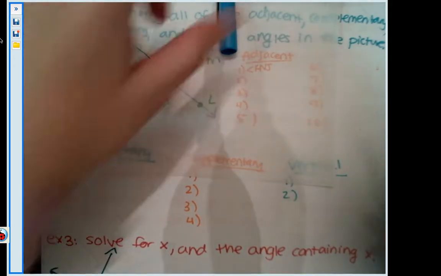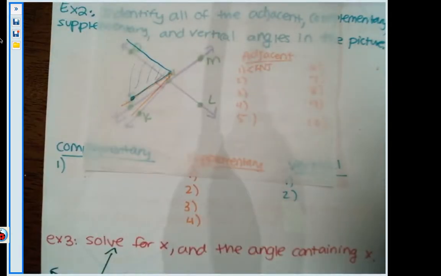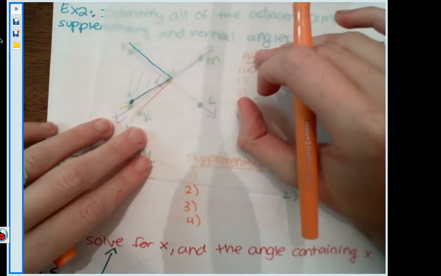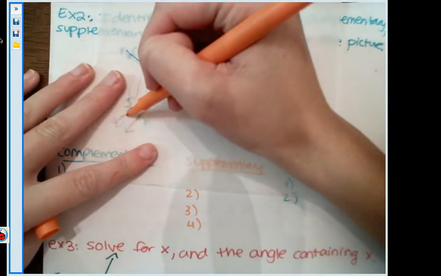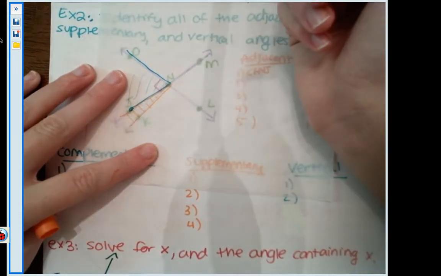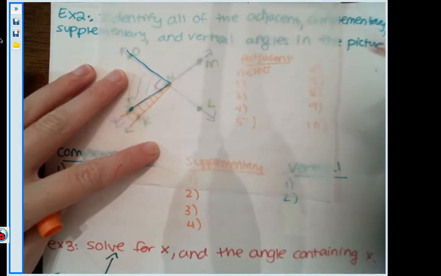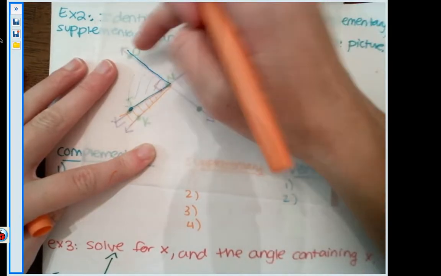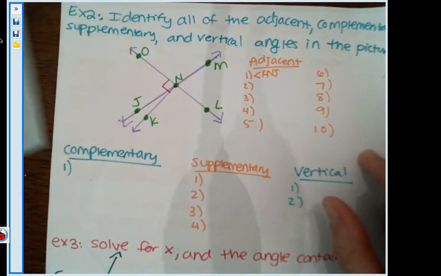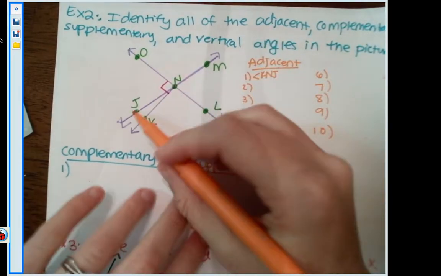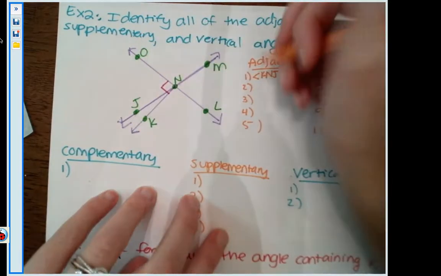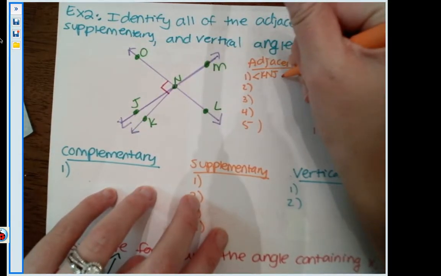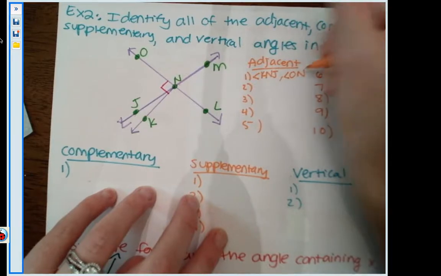So this angle right here does not overlap with this angle right here. Okay, so these two do not overlap when I shade on the inside. Yay, so I found two adjacent angles. So we have angle K and J and O. Or you can name this O and J, whatever floats your boat. Okay, so the second one is J and O or O and J, whatever you want to do. I'm going to call it O and J.